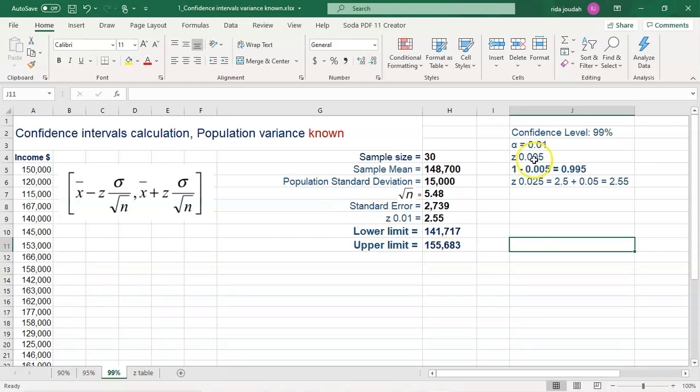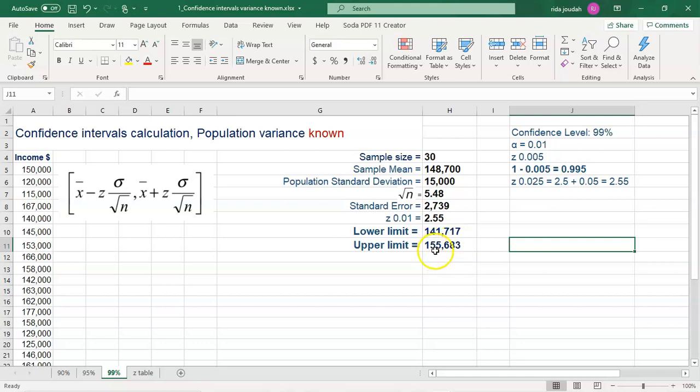Let's go again and try 99%. And this time we need to find 1 minus 0.005, which equals 0.995. And you can find it from the table. It will equal 2.5 plus 0.05 equal 2.55. And by using this value in our calculation, we find that the lower limit equal 141,717 and the upper limit equal 155,683.